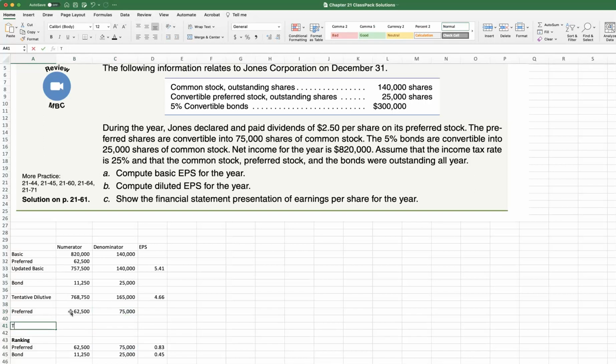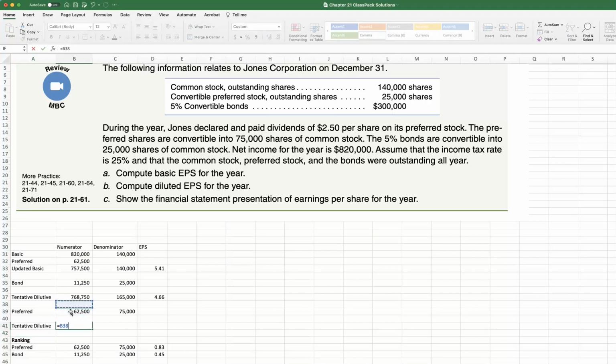So now my tentative diluted, take the sum, right? I'm adding that back in, adding in the shares, and calculating a new earnings per share.